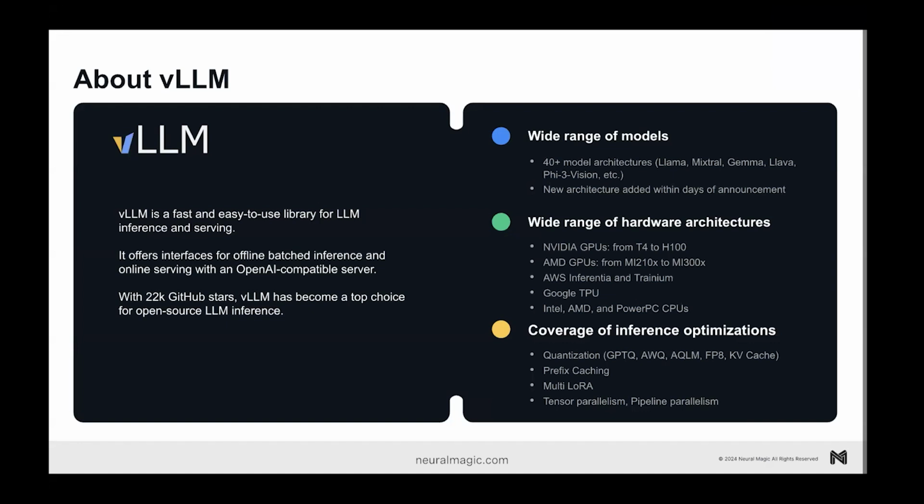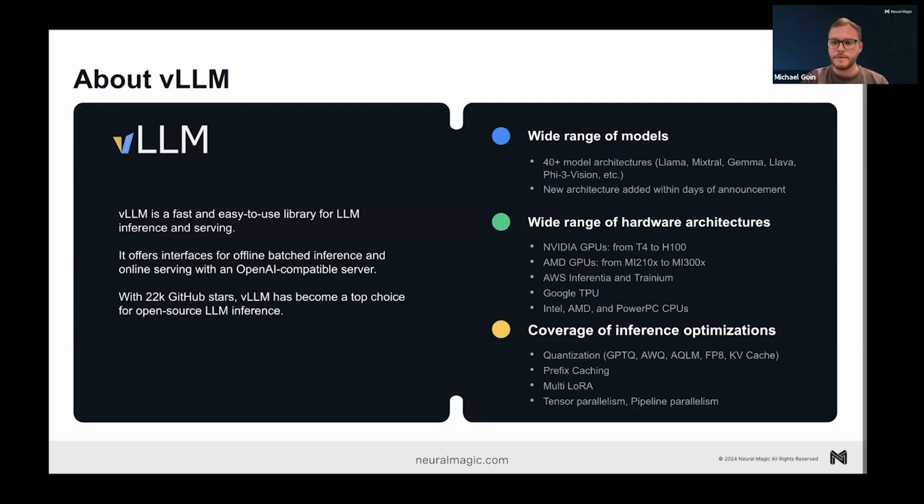It supports a wide range of models and new architectures that get announced and dropped in research papers. They generally get supported day one, including some of the latest MOE models like DeepSeek V2 and Qwen2, which was great to see. And we have a large support of hardware architecture. So we obviously do a great job at supporting NVIDIA GPUs.